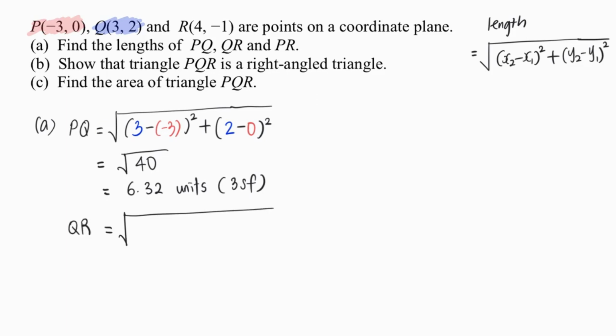Again, I'm going to color code R as green color, and you will then see my working. I will have (4 minus 3) squared plus (negative 1 minus 2) squared.